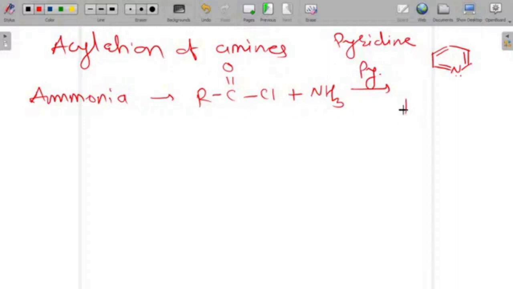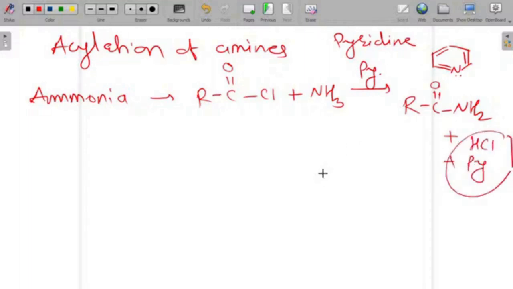The product is R C double bond O NH2, plus HCl, and this HCl and pyridine form a salt. So a neutral compound is formed as a byproduct. This Cl and one of the hydrogens form the HCl, and this is simple amide. This is with ammonia.